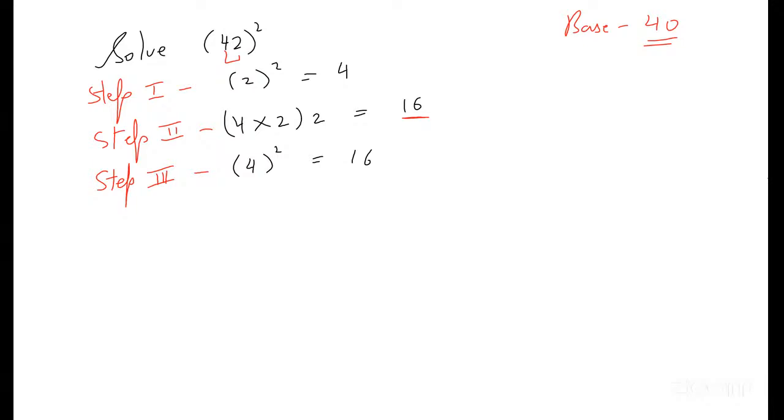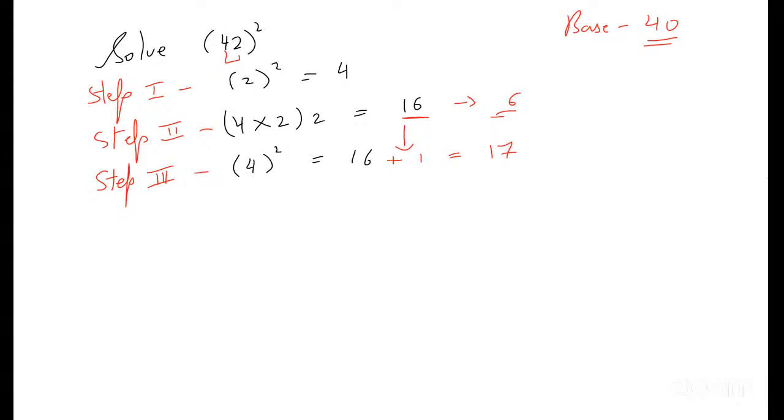The number at the right side we use. So I will not use 16, I can only use 6. What about the 1? 1 I will take to the next step and add it. So it becomes how much? 17.